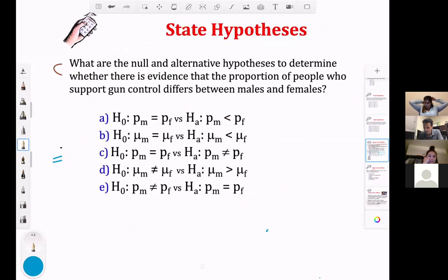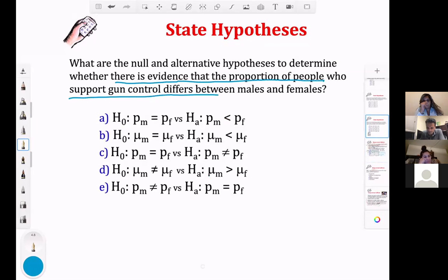Let's have another one. I know it's a different language to you guys now, but this will be the simplest question in chapter 4. What are the null and alternative hypotheses to determine whether there is evidence that the proportion of people who support gun control differs between males and females?